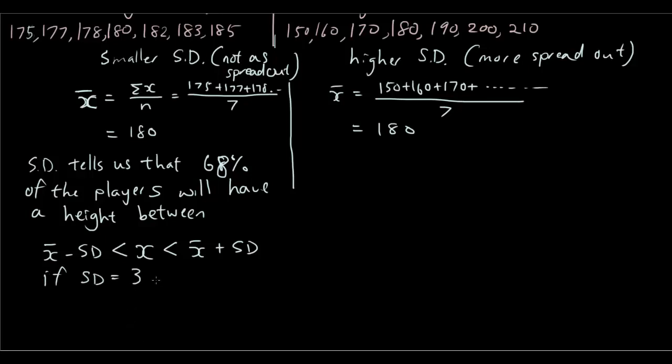Then what that's saying is that 68% of the data, or in this case 68% of the players' heights, so X is their height, will be between the mean, which is 180, minus 3, so 177 to 183. So that's why the standard deviation is useful, because we can use that to tell us the range of most of the players' heights.